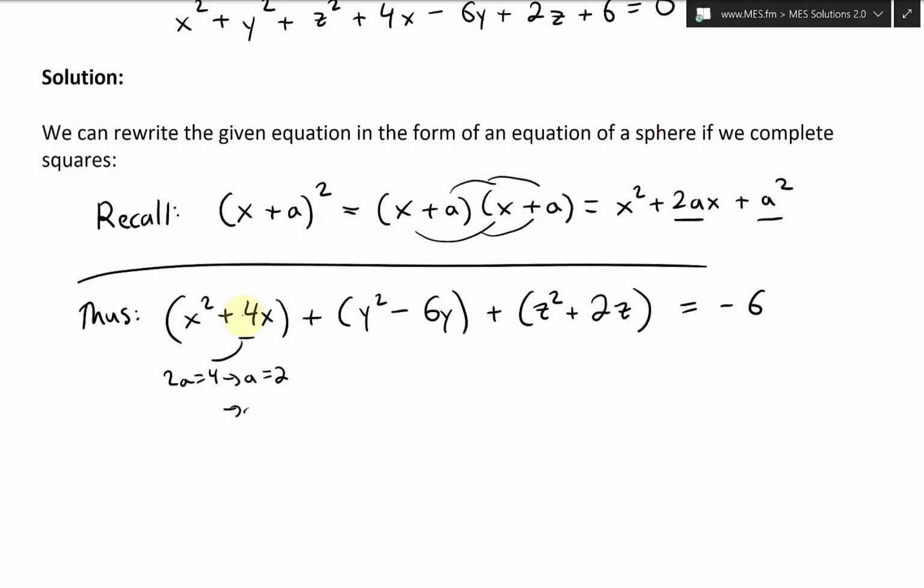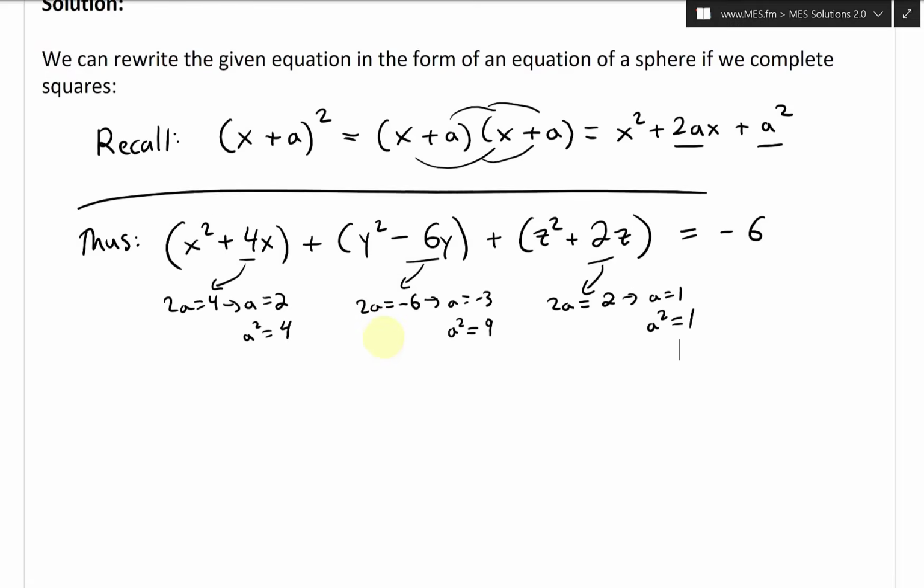For the negative 6, our 2a is equal to negative 6, so a is equal to negative 3, and a squared is positive 9. The next one, our 2a is equal to 2, so a is equal to 1, and a squared is also equal to 1.